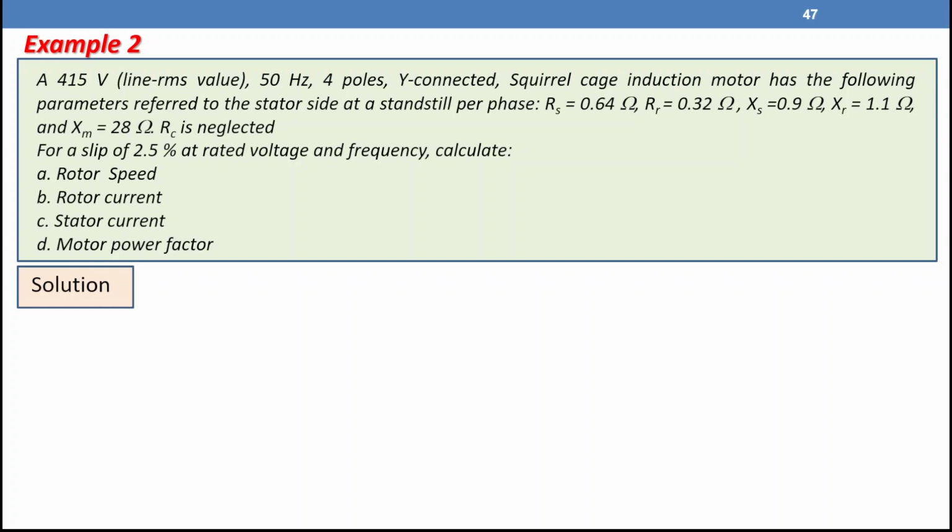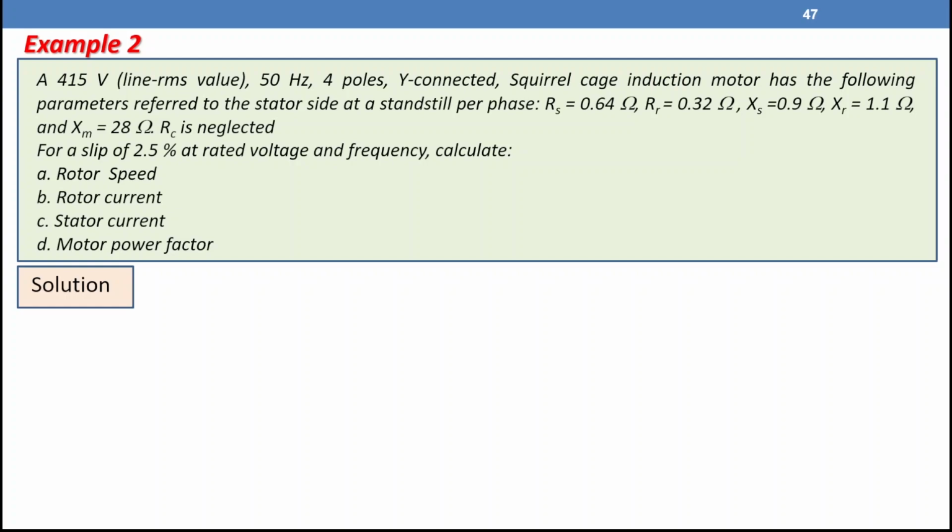Let's have another example. Example number 2. A 415 volt line RMS value, 50 Hz, 4-pole, star-connected squirrel cage induction motor has the following parameters referred to the stator side at standstill per phase. So he gave us R stator, R rotor, X leakage stator, X leakage rotor, and magnetizing reactance, and the core is neglected.